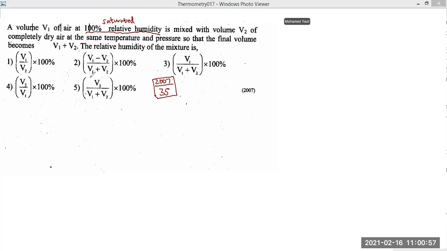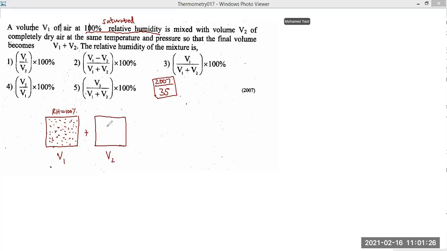Two air samples are mixed together. The first one is saturated with water vapor because they are saying relative humidity is 100. I'll just put a few dots like this to indicate that it is saturated. So a lot of water vapor is there, and the volume is V1. Plus, there's another sample which is completely dry.